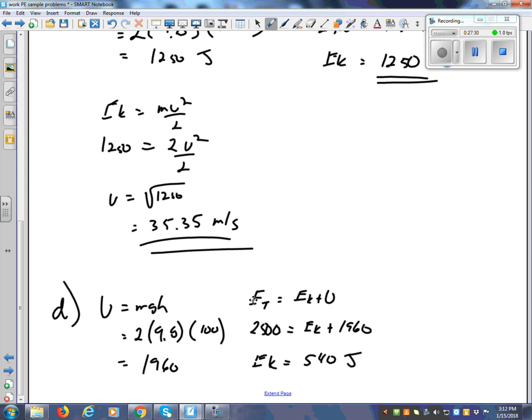I'll probably say in the question, do it from an energy standpoint, because I want to know that you know this stuff. We're trying to find the velocity now, right? So that's going to be the square root of half of 2. Oh, that's just going to be the square root of 540, is it not? Okay. Is that the answer?